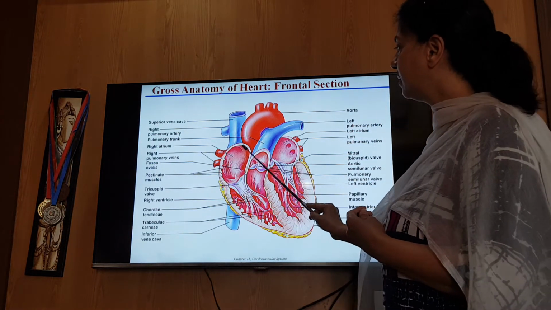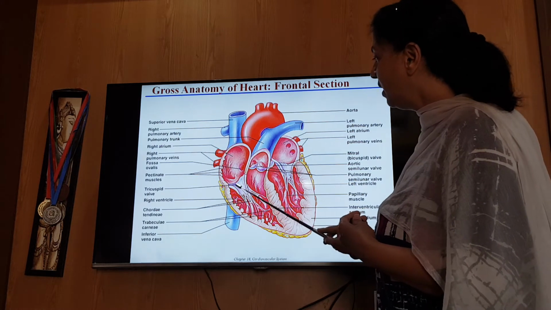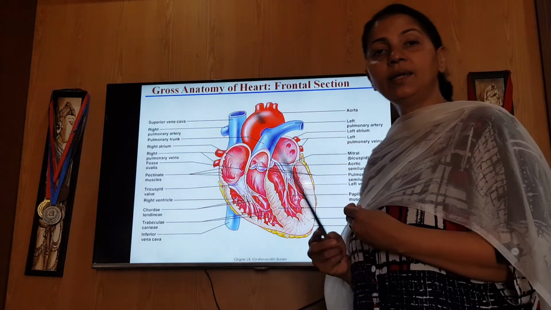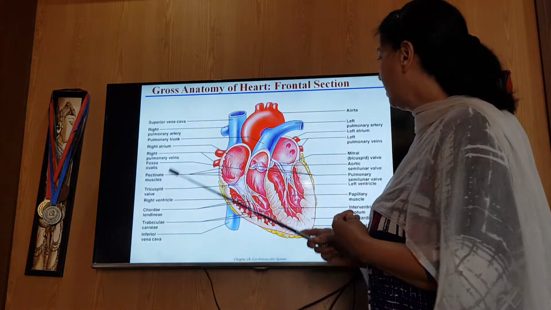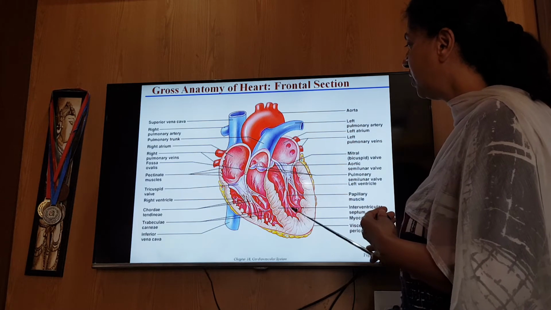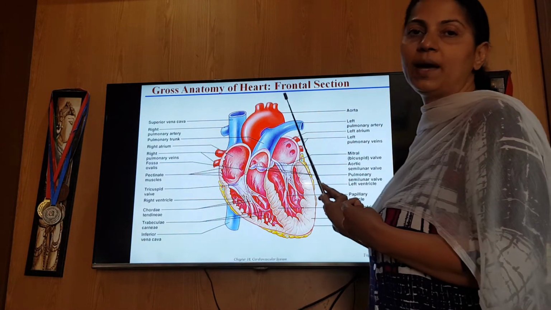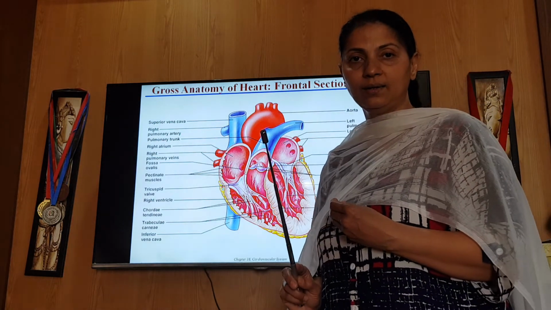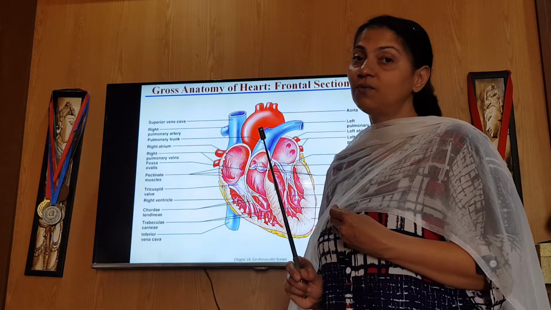On the right side, this is the right atria and this is the right ventricle. The valve here is tricuspid, meaning there are 3 cusps, and they always allow a unidirectional movement that can only come from atria to ventricle. It cannot go back. If it goes back, that is a pathology, that is insufficiency of the valves.